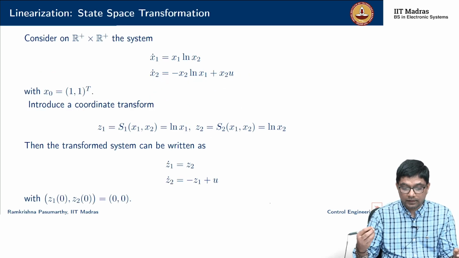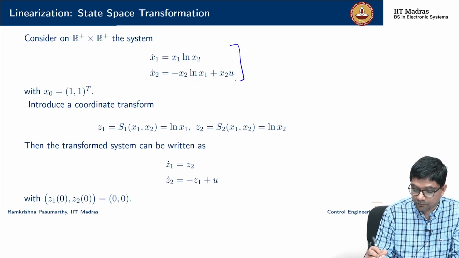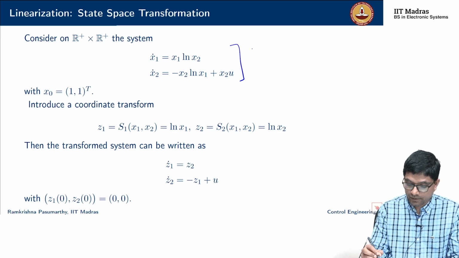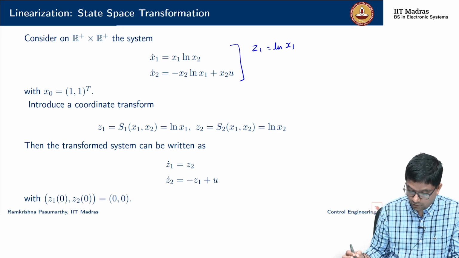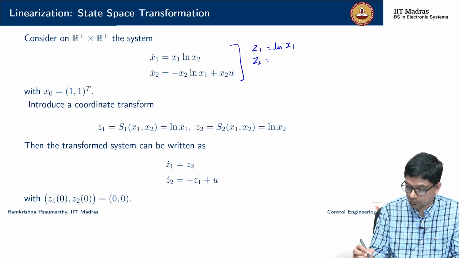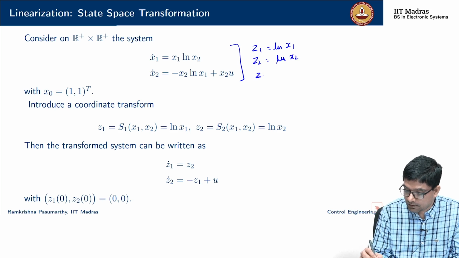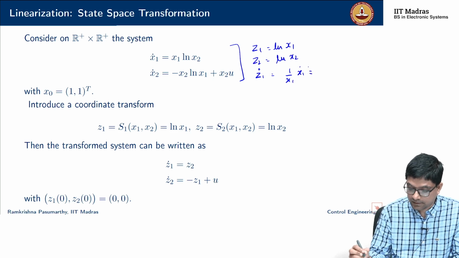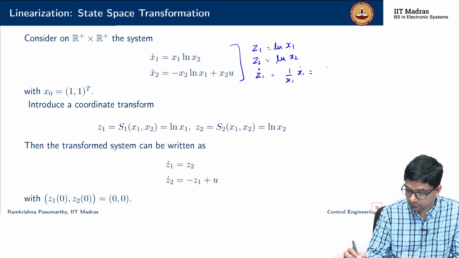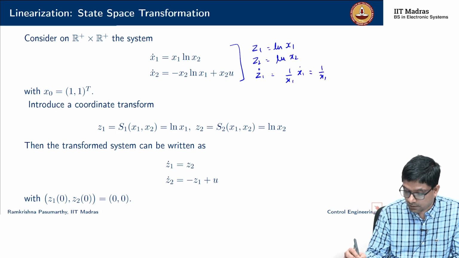Okay, so let us start with this system and say I do a coordinate transformation that z1 is the log of x1, z2 is the log of x2. Okay, so z1 dot is 1 over x1 times x1 dot. What is x1 dot? So this is 1 over x1, x1 dot is x1 log of x2.